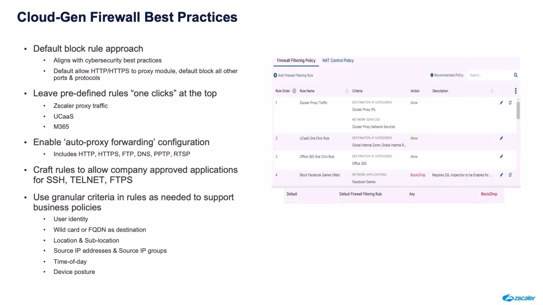We talked about different source IP addresses, time of day, device posture, risk, and so on. So these are some of the top basic firewall best practices you could start with, depending on your business intent and the application needs of employees. It has all the flexibility to configure any security outcome you choose to.